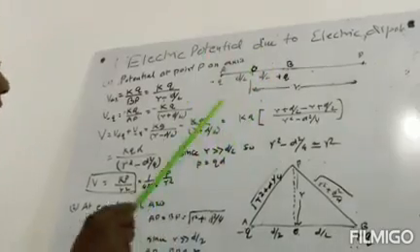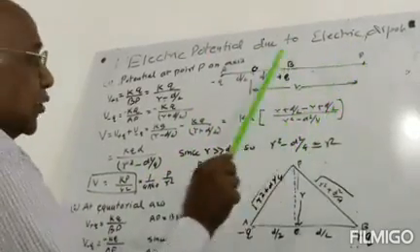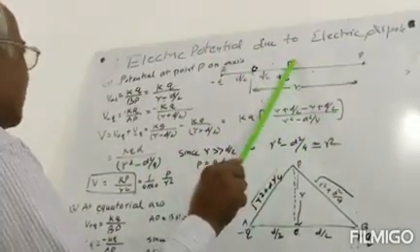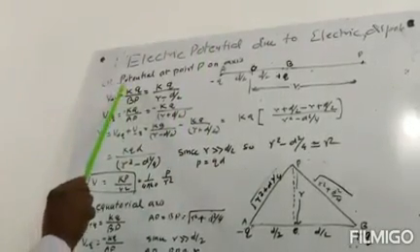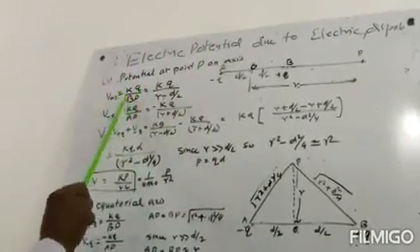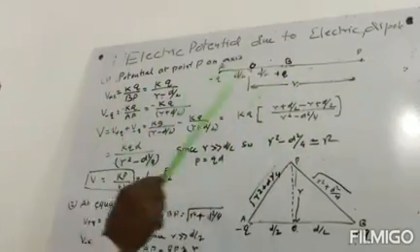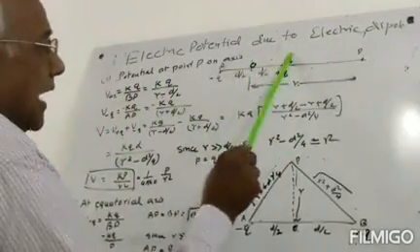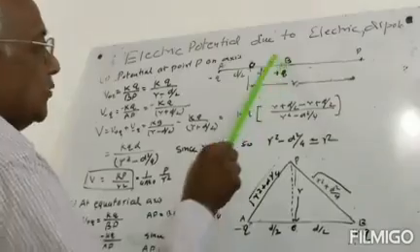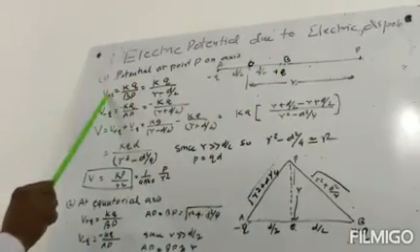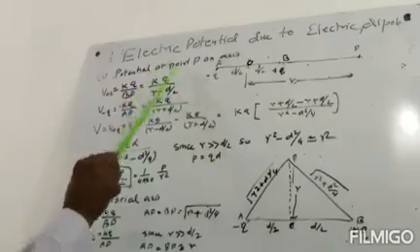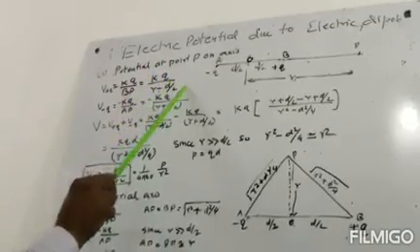Similarly, the electrical potential at point P due to the positive charge will be V plus, equal to kq, but the distance is BP, and BP will be equal to r minus d by 2. So V plus will be kq by r minus d by 2.